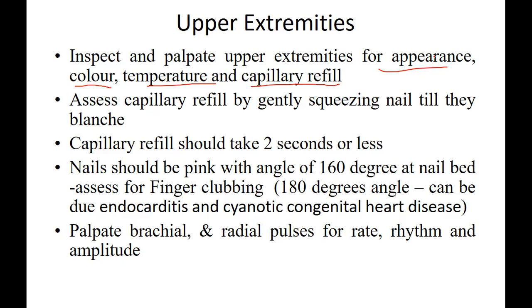In terms of the appearance, when you look at the palm, it should appear pinkish, not hyperemic. They should just have a pinkish color. They shouldn't appear white, which could be a sign of pallor, palmar pallor, and that's a sign of anemia.